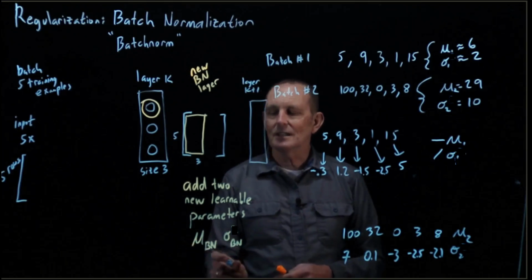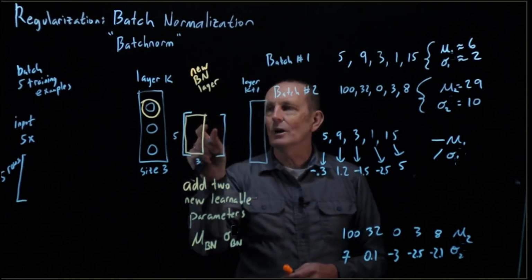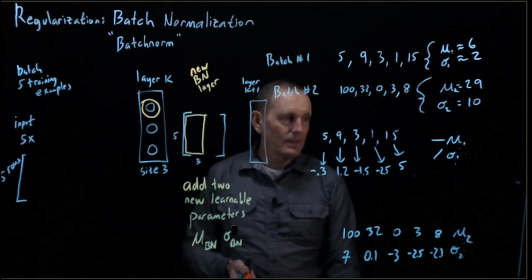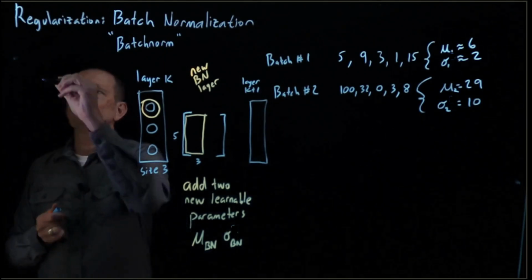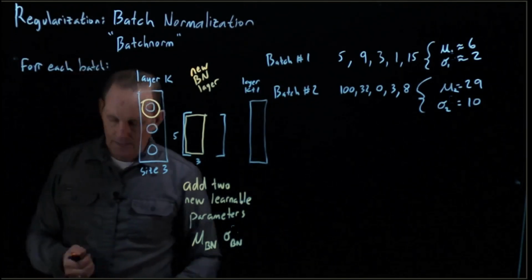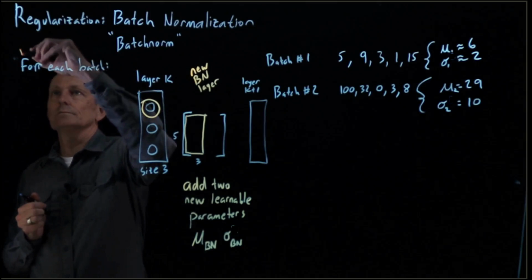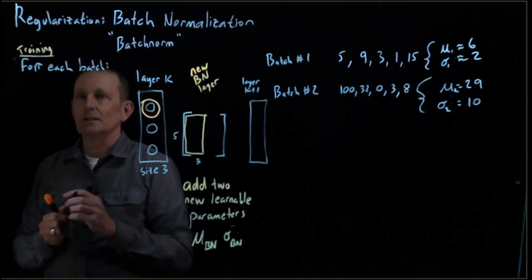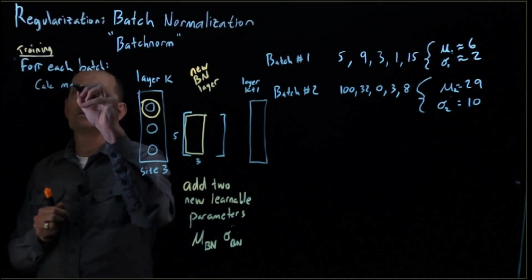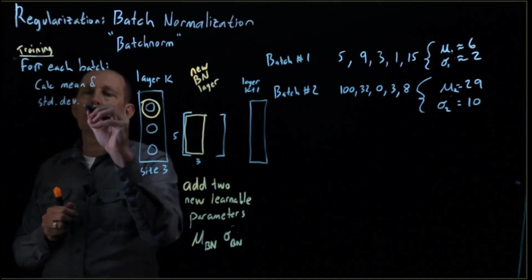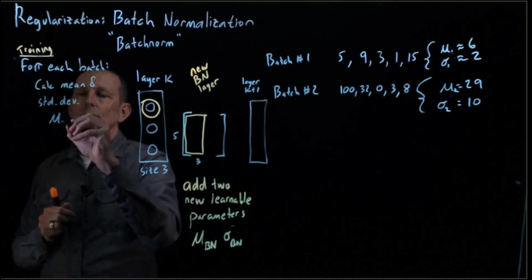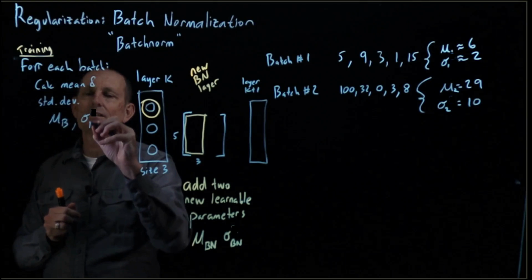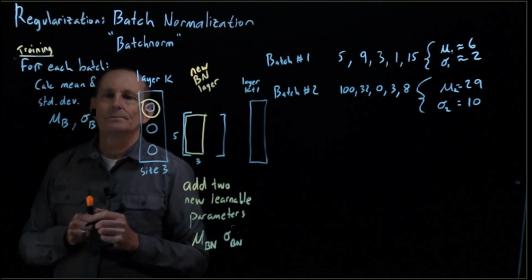And we're going to have a separate mean and standard deviation for each one of the outputs of these nodes, that is, for each column here. So what are we going to do for each batch? This is during training. For each batch, we calculate the mean and the standard deviation, call those mu sub b for batch and sigma sub b also for the batch.